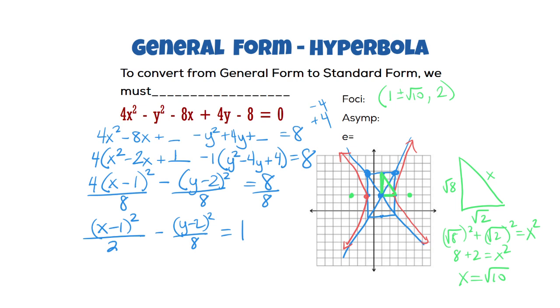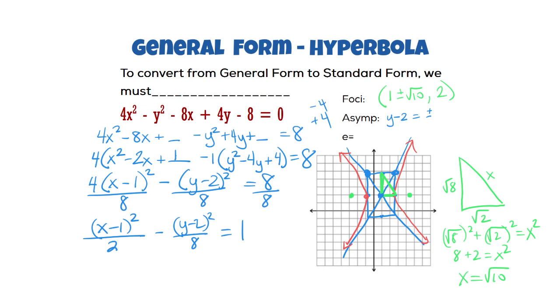So in point slope form, it goes y minus the y value of your center equals m, but remember we do it with a plus or minus. So I went up, that's this measurement here, I went up the square root of 8, and I went over the square root of 2.